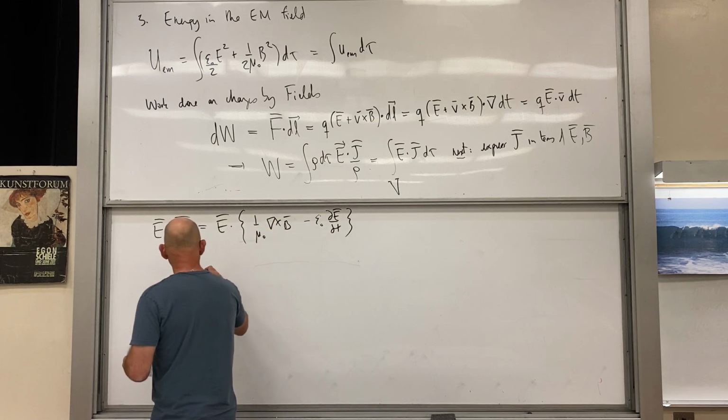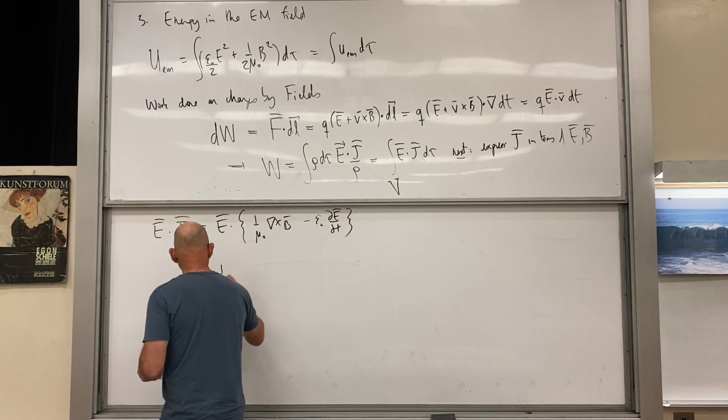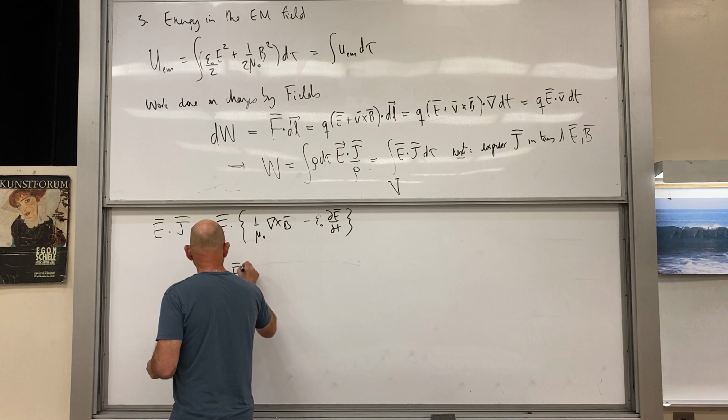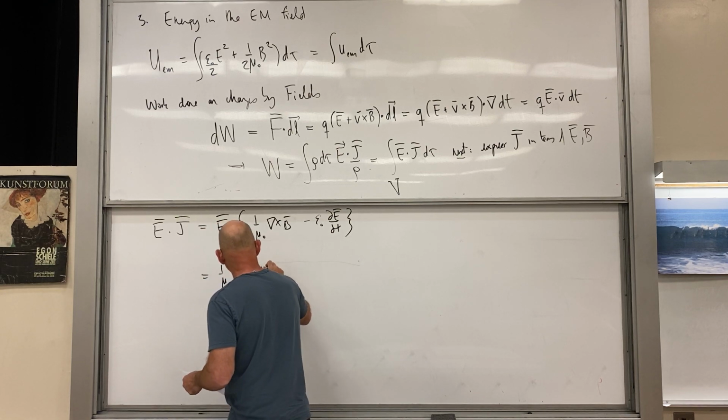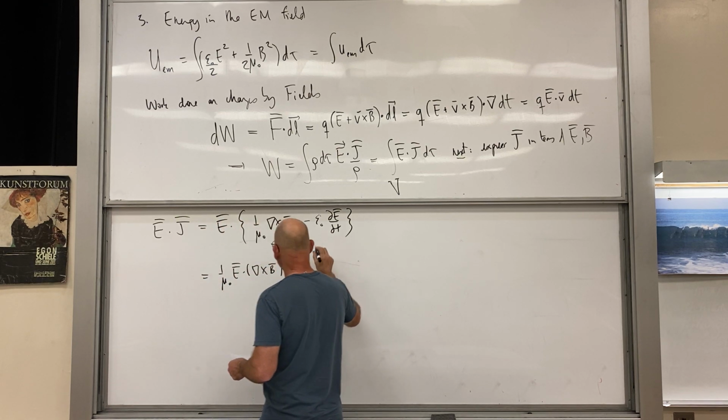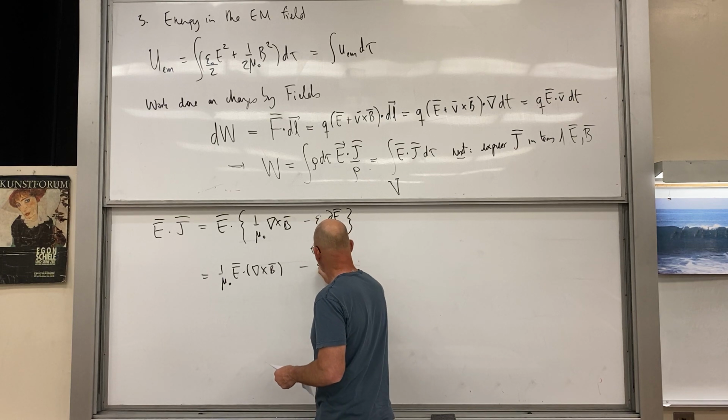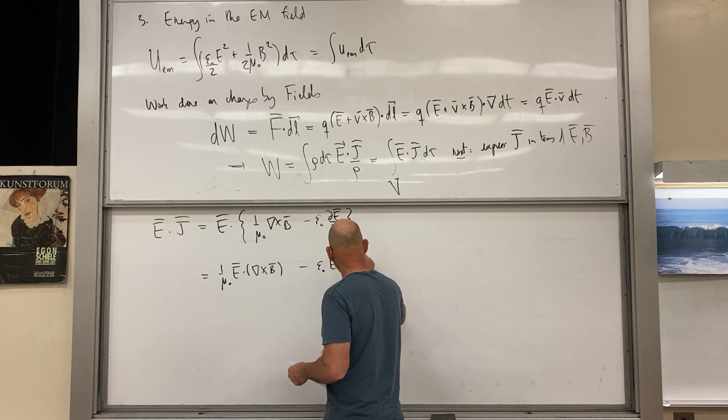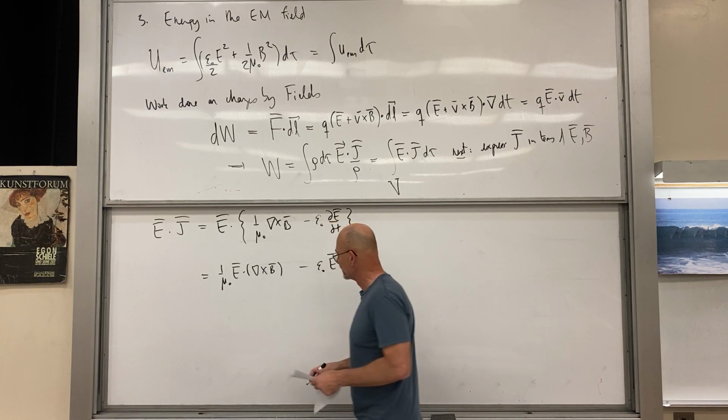And I can write this as 1 over mu naught E dot curl B minus epsilon naught E dot dE dt.